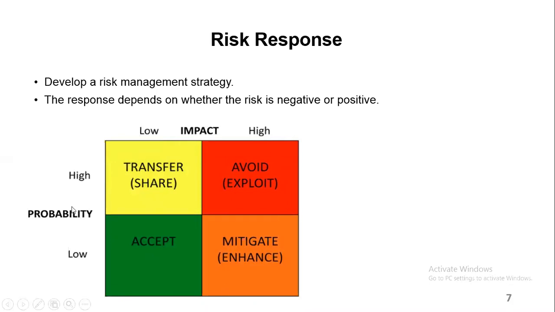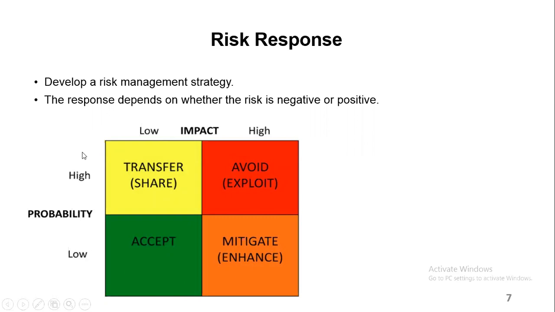Just for example here, if your probability is low and the impact is low, that risk you can actually accept. You accept it in terms of like you will not do much about it. You can just keep monitoring it because it has no major effect on the project objectives.